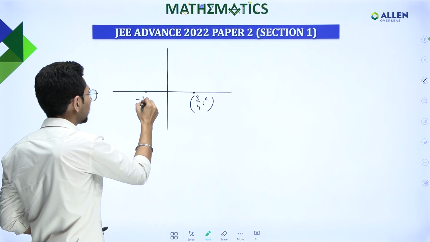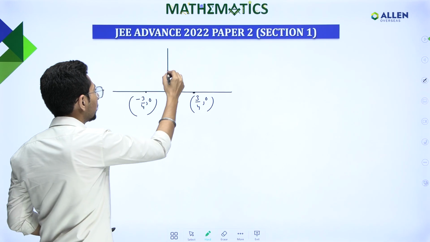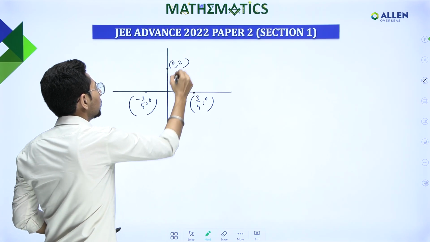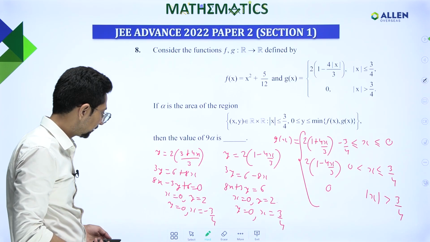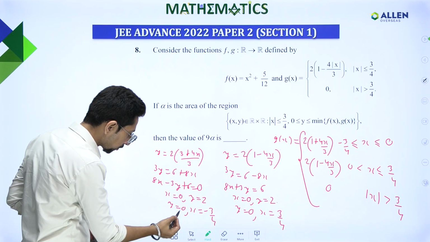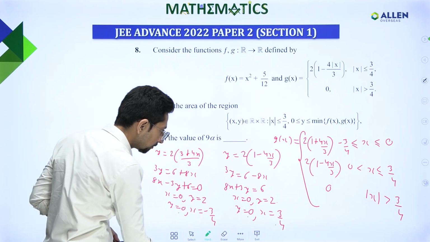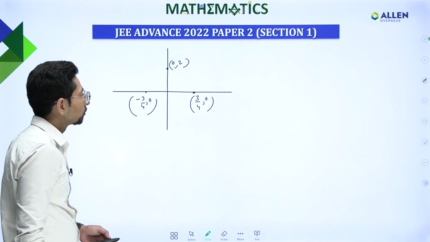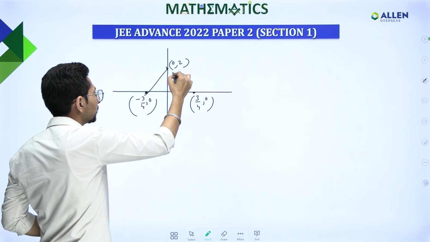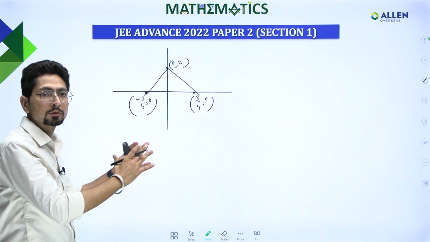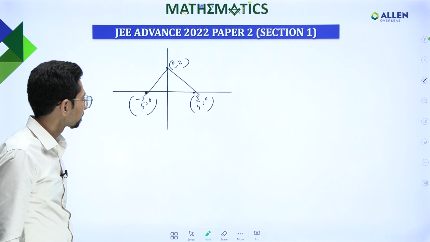And one is minus 3 by 4, comma 0, and one is 0, comma 2. So we have to consider also x between minus 3 by 4 and plus 3 by 4, right? So 0, comma 2 is their intersection point. This is the straight line and this is the straight line. We require this part only of these straight lines, right?